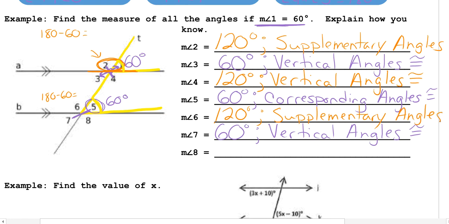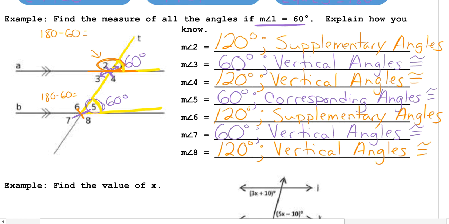And again, those are not congruent. Those are adding to 180. And then because angle 6 and angle 8 share a vertex and they are vertical to each other, I can see that angle 8 will also be 120 degrees, and that is because vertical angles are congruent.